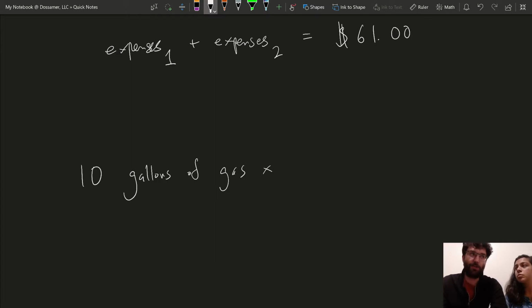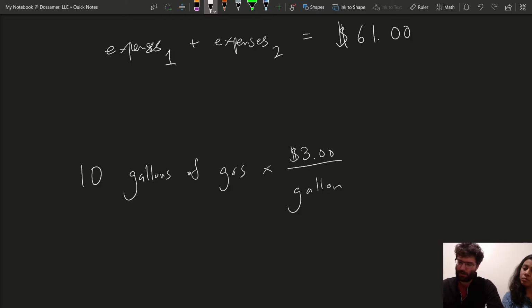Let's say $3 per gallon of gas will give us a total expense of, what do we have to do? Multiply them, so 30. Yeah, 30. And the important thing is these two units cancel. The gallons cancel out. So we get $30 worth of gas.